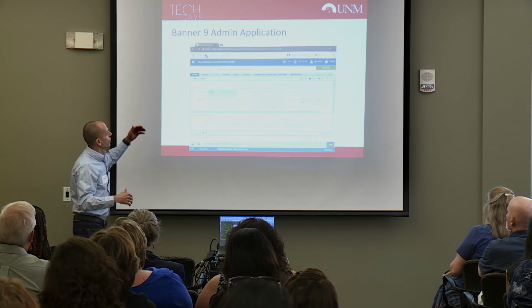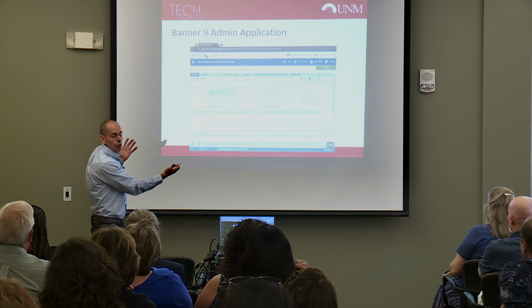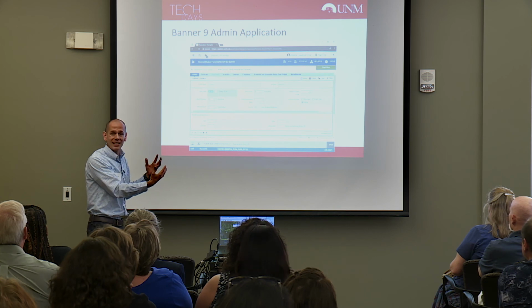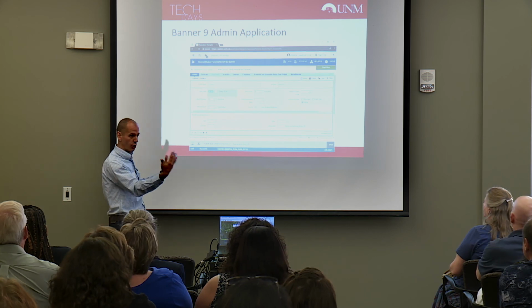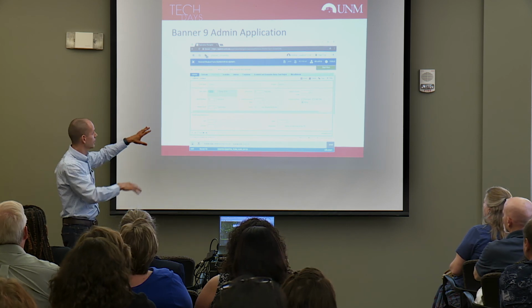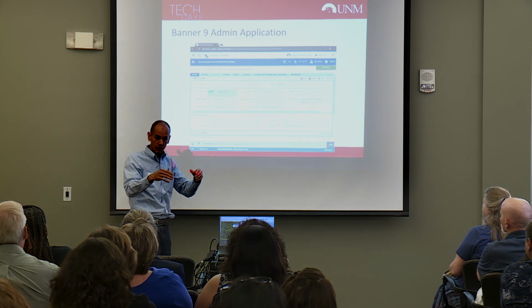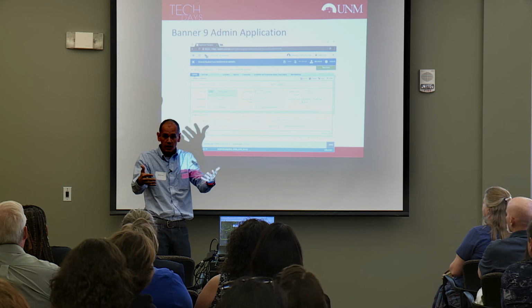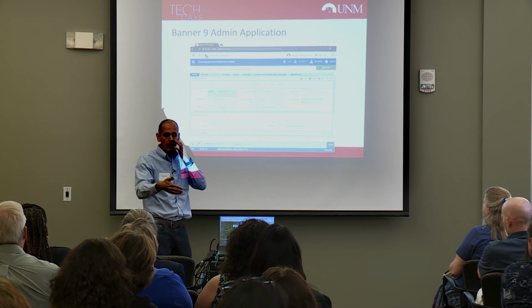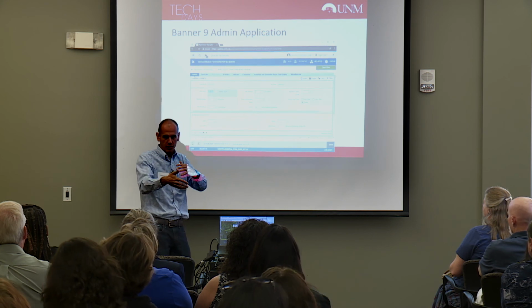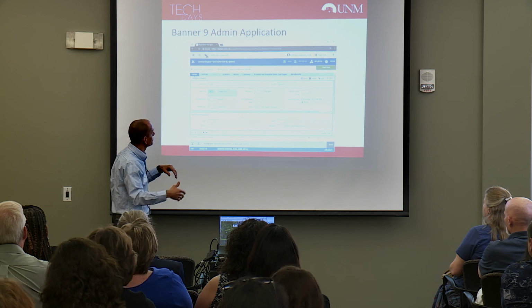Okay. So this is an example of what things are going to look like in the new paradigm, in our new world. This is an example of the Suggestion form. It's laid out very similar to what you're currently used to using in the Banner 8 version of INB.